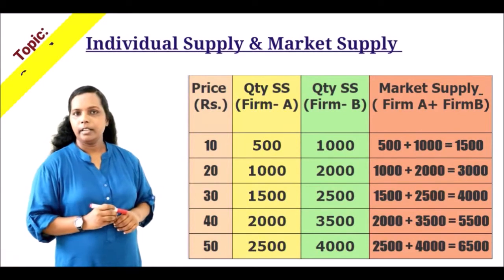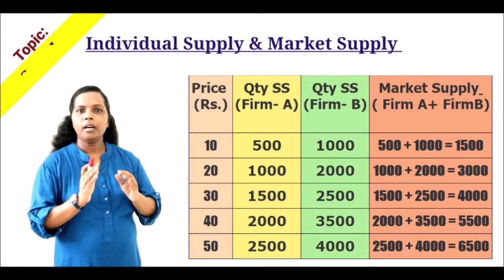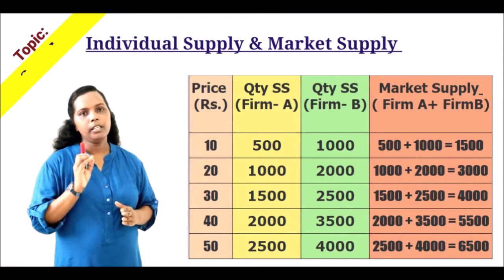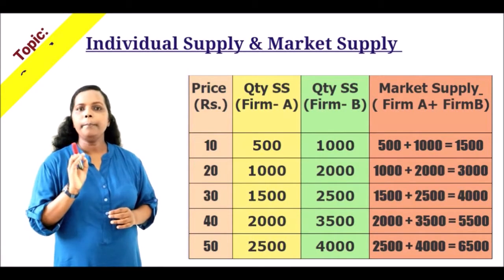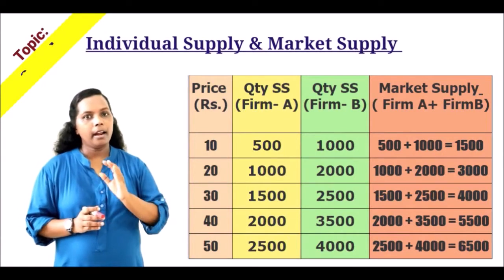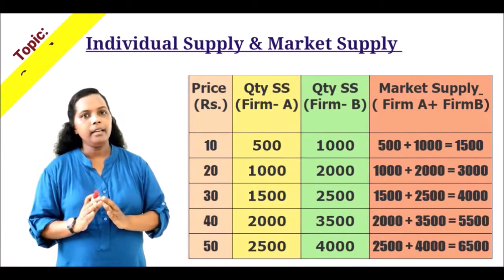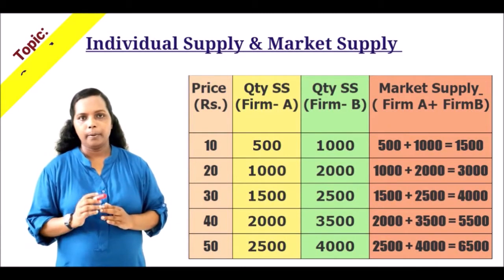As seen in this schedule, at price 10, the individual supply of firm A is 500 and individual supply of firm B is 1000. To get the market supply, we are adding up the supplies from firm A and firm B, then we get the market supply.